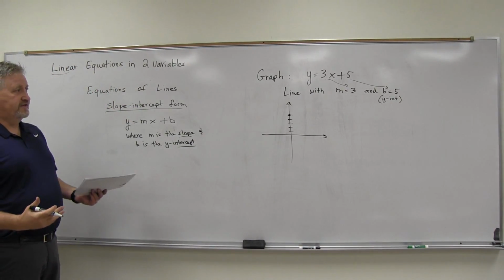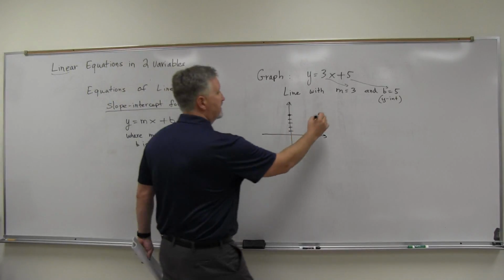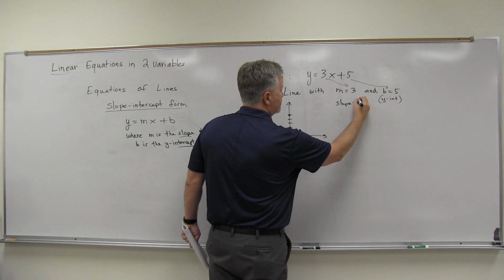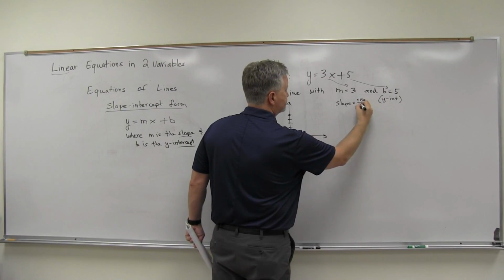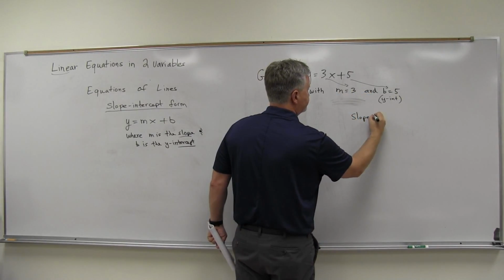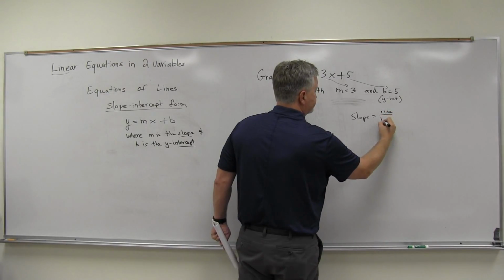Now the other point is not 3, but we know that the slope is 3, and it's rise over run, isn't it? So my slope is 3, and I know slope is rise over run.